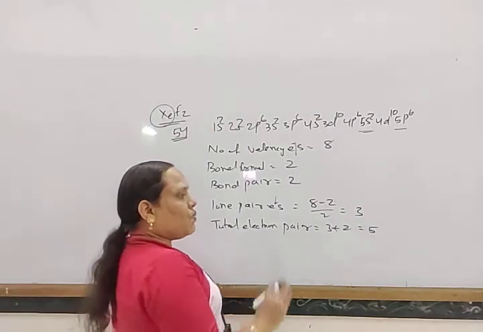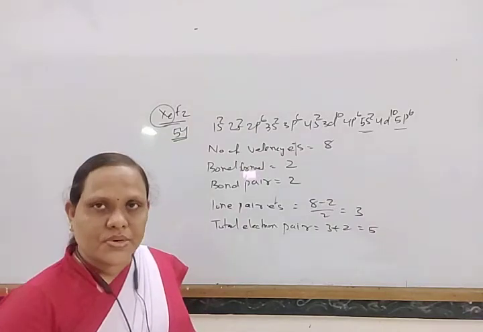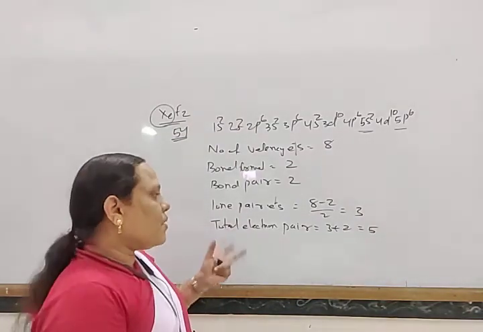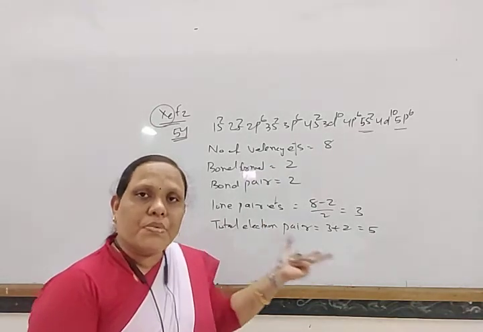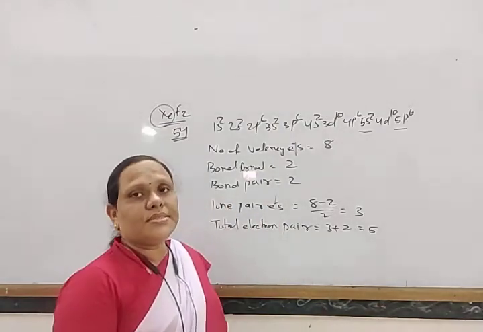But due to lone pair repulsion being greater than bond pair repulsion, the lone pairs occupy the equatorial positions. In this way, its shape becomes linear.